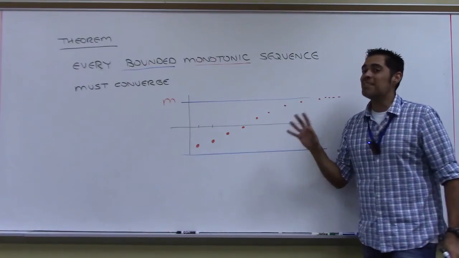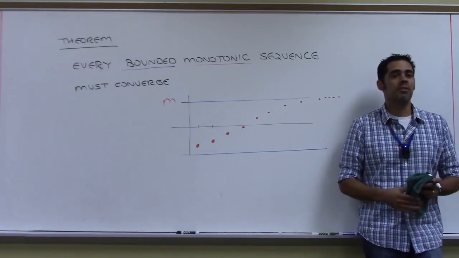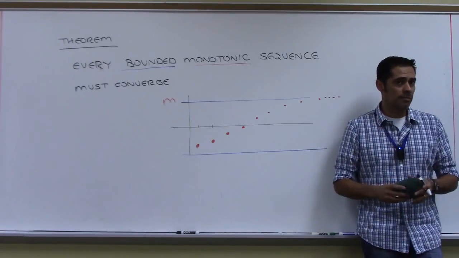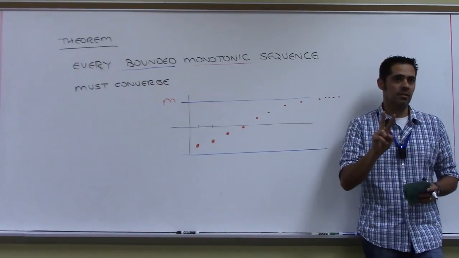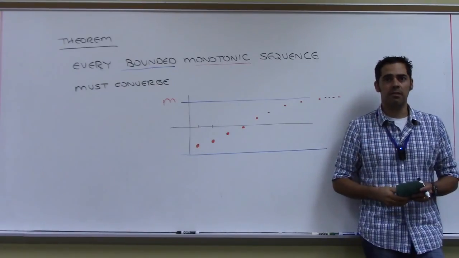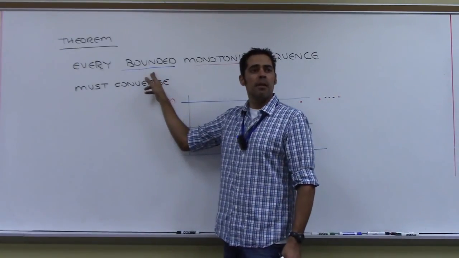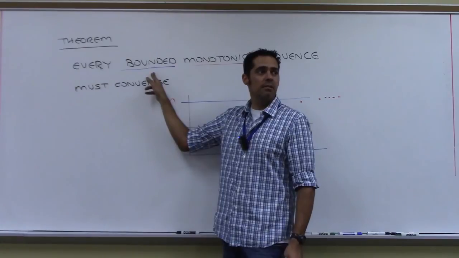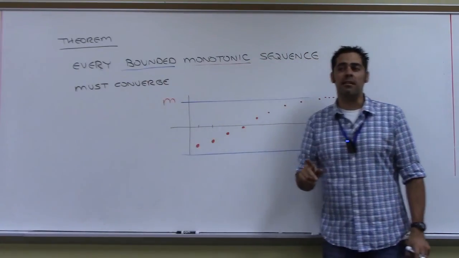But what does this theorem allow us to do? If someone asks us, does a sequence converge or diverge? This theorem says that if we check for two things, we can tell you if it converges, right? We have to first show it's bounded. If I can show you the sequence is bounded, that's the first condition. The second condition is to show you it's monotonic.